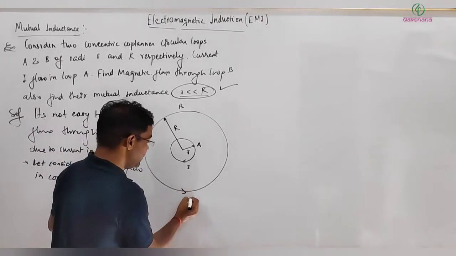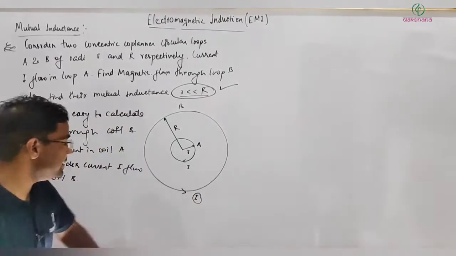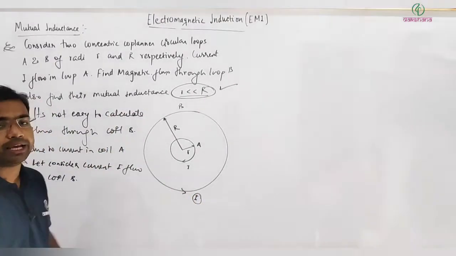Then if current I is flowing in coil B, I can write the flux through coil A, is it?